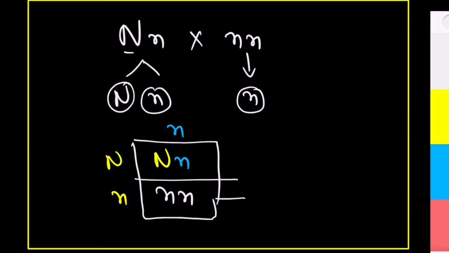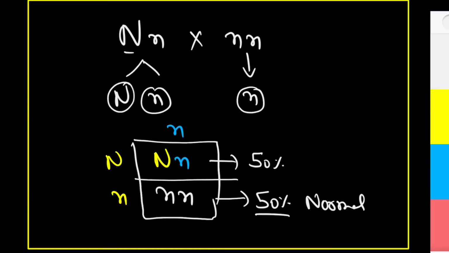Now you can see there is a 50% chance that the next progeny will be normal. There is a 50% chance that the next progeny, irrespective of sex, will be abnormal. They are going to suffer from the disease.